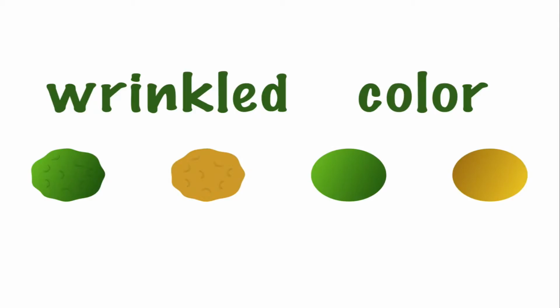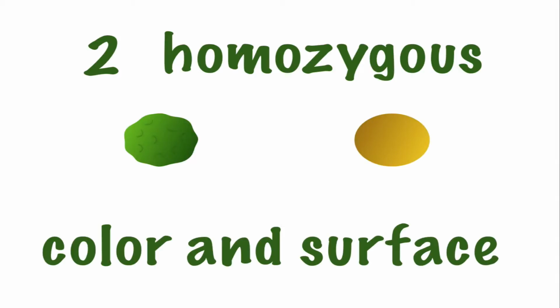And again, this is only a dihybrid cross. This is for finding the probability of whether the pea is going to be wrinkled, smooth, yellow or green. And it can be any of these various combinations. So for this, I'm going to find two homozygous peas. I'm going to find homozygous recessive for color and for surface.